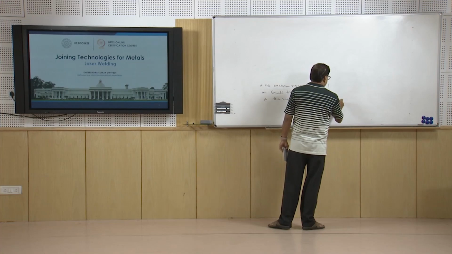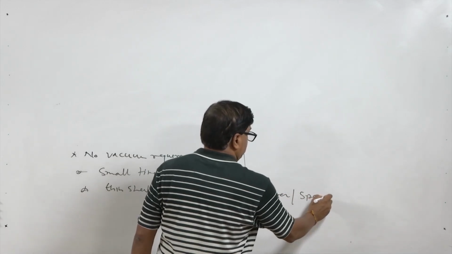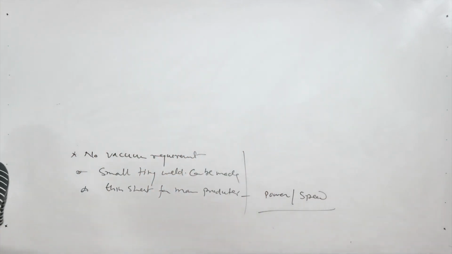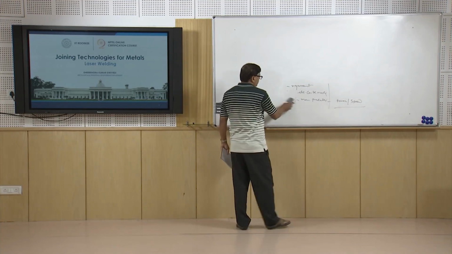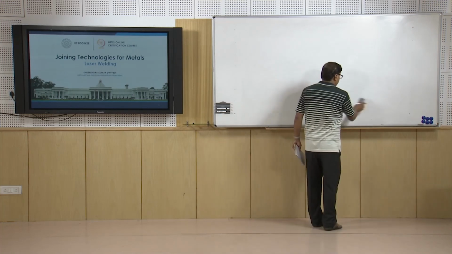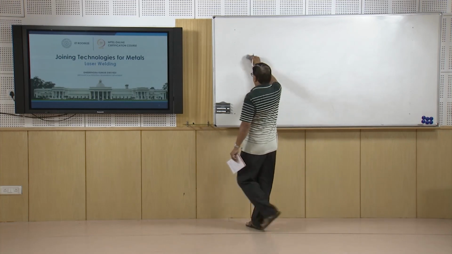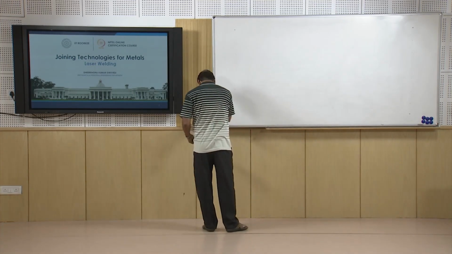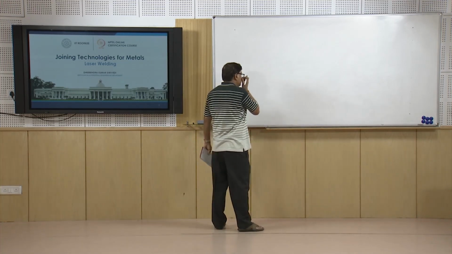Of course, the power and speed, these two, need to be optimized properly so that we get the required depth of penetration and depth of fusion. However, the depth of penetration and depth of fusion are significantly influenced by the process conditions and the material being welded. Therefore, we need to ensure that consistent penetration is achieved.